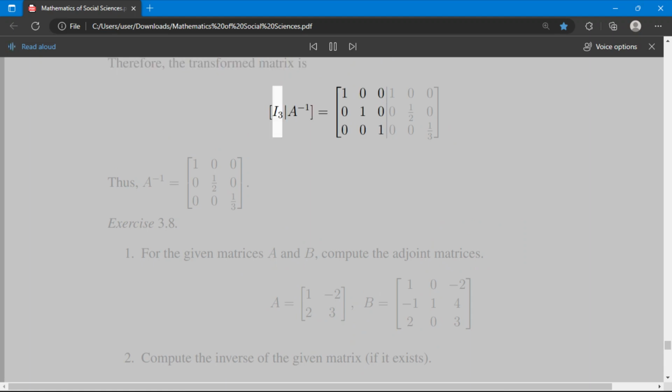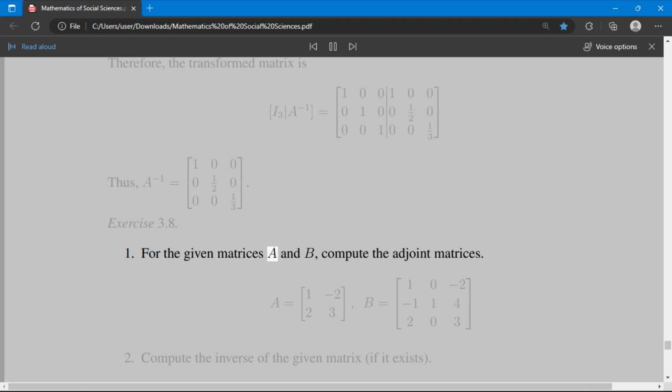Therefore, the transformed matrix is I3 B1 equals 1 0 0 0 1 0 0 0 1, 1 0 0 0 1/2 0 0 0 1/3. Thus, B1 equals 1 0 0 0 1/2 0 0 0 1/3.